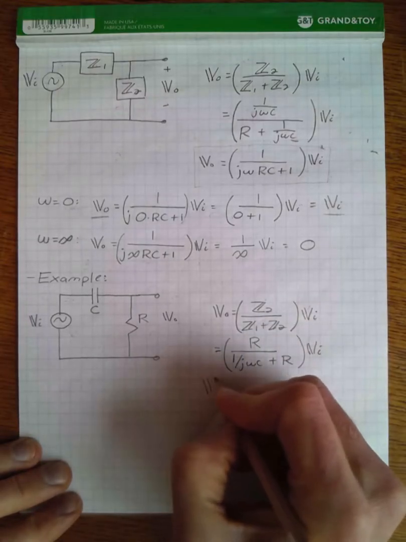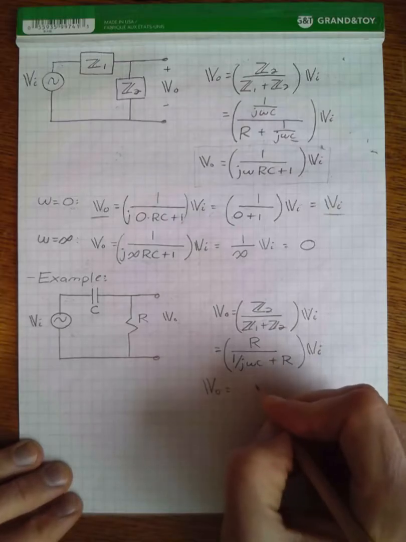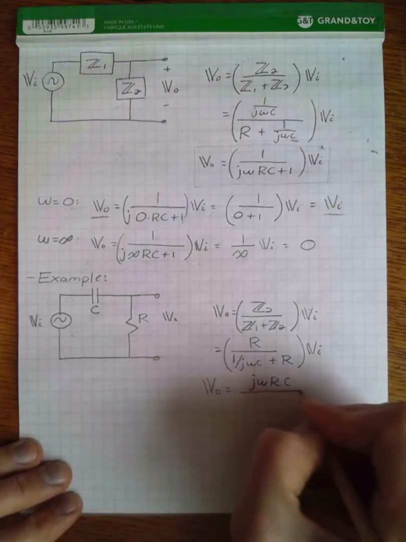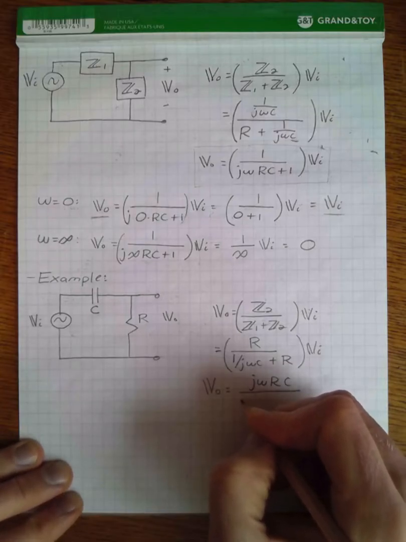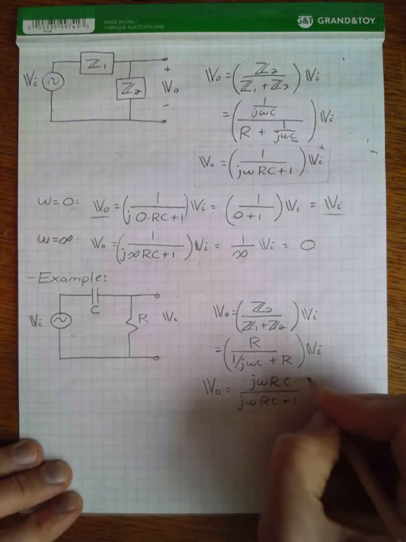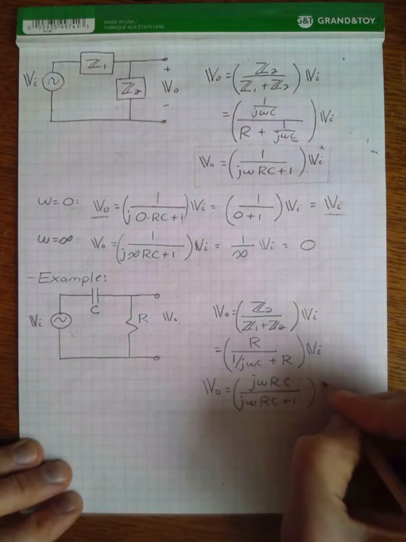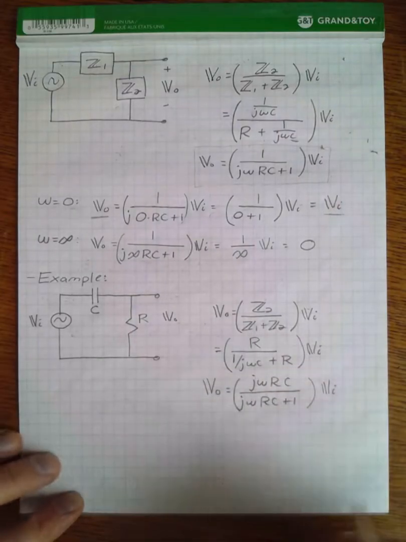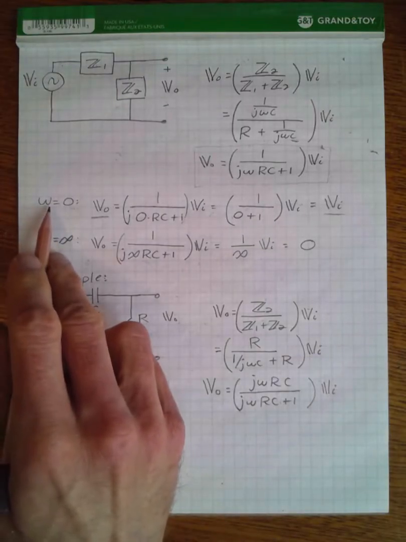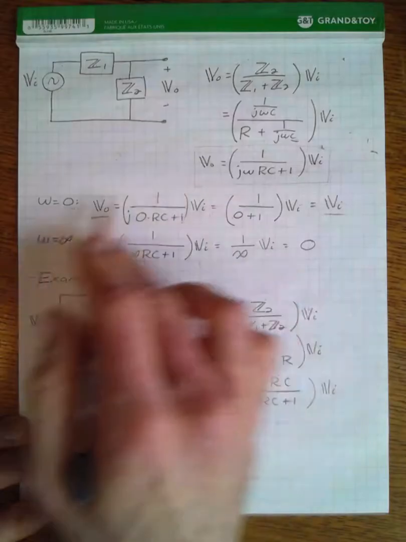So our output voltage is going to be equal to j omega RC over j omega RC plus 1 times the input. And if I can just fit this in on the bottom of our page here, let's take a similar look at our circuit.